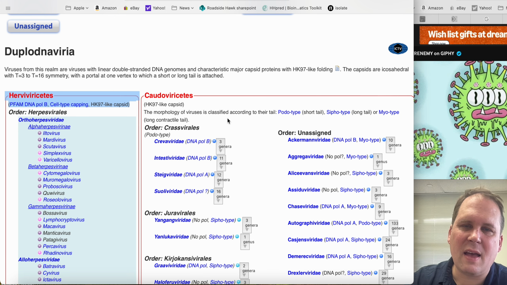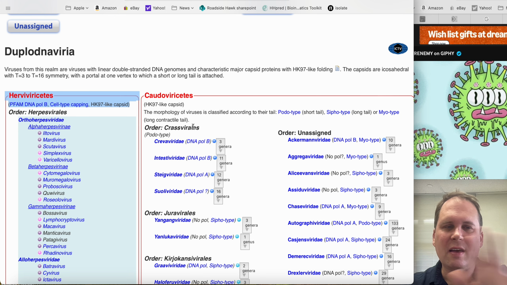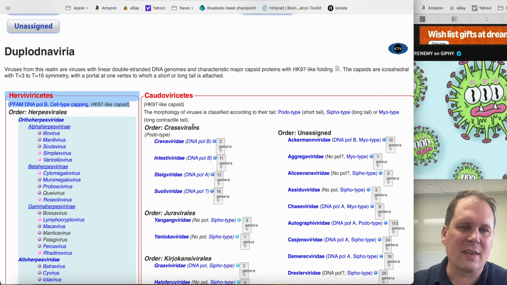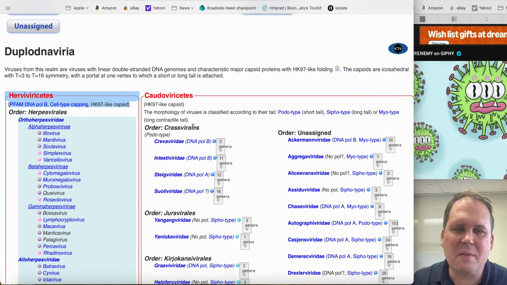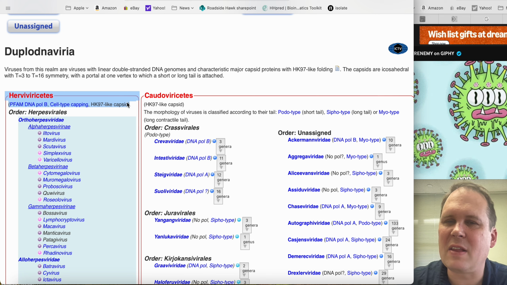They're going to have different morphologies depending on the tail. Those aren't taxonomy; those are how they look. It's like saying sports car, but it doesn't tell you which factory it came from. It's just a general class of things.